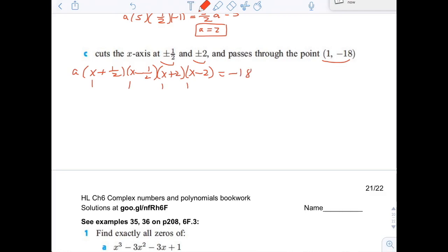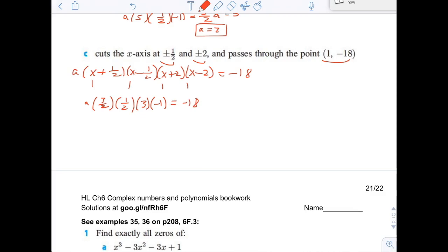So that would be a times 3/2, or 1/2, because 1 minus 1/2 is 1/2. 1 plus 2 is 3, and 1 minus 2 is negative 1. So let's multiply out all the fractions.